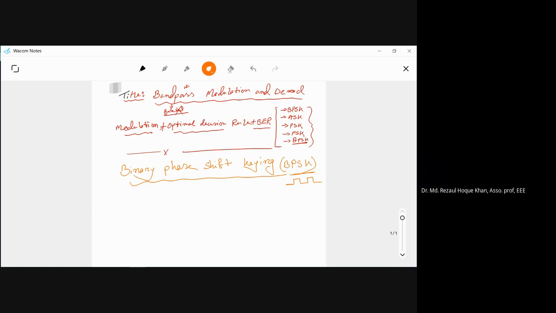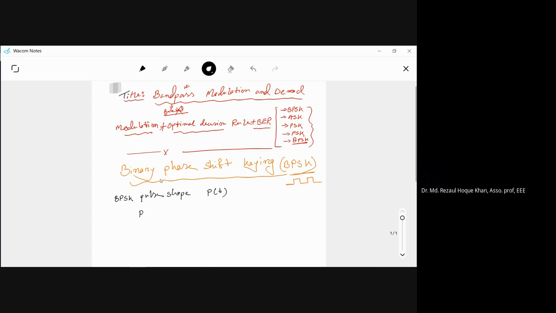The pulse shaping filter or the pulse is given by p(t). So the BPSK pulse, or pulse shape, is given by p(t).